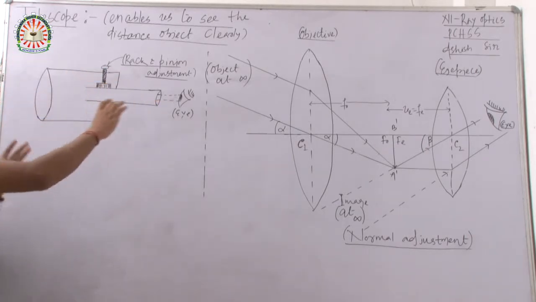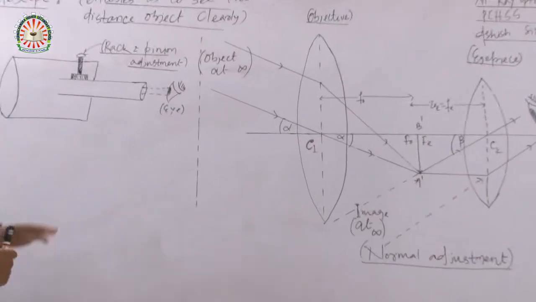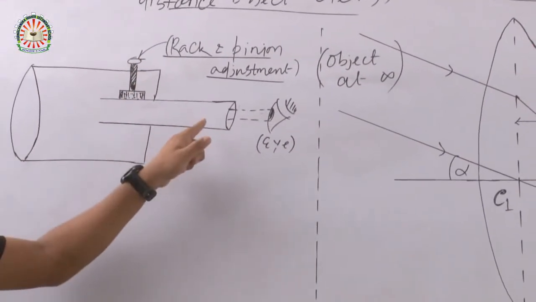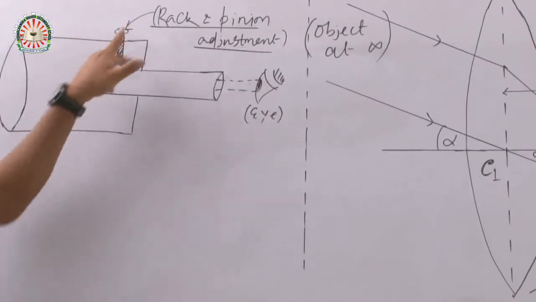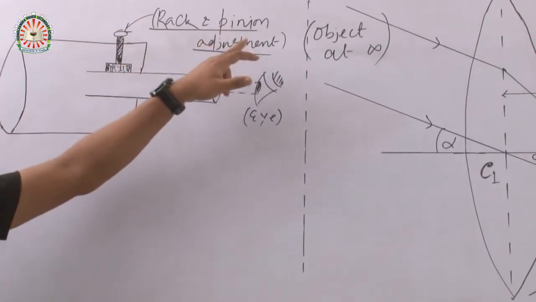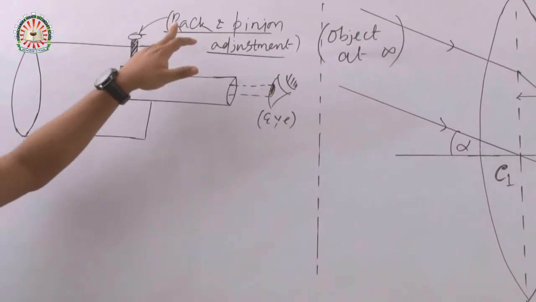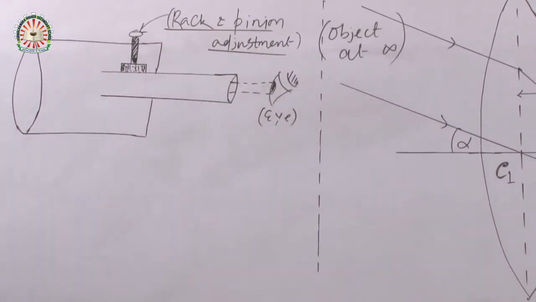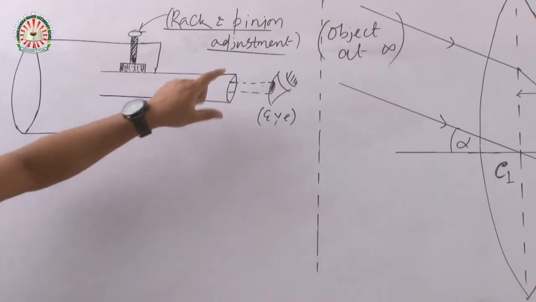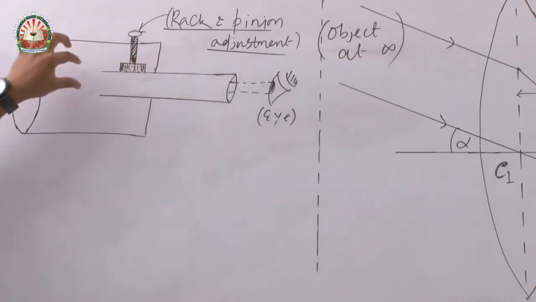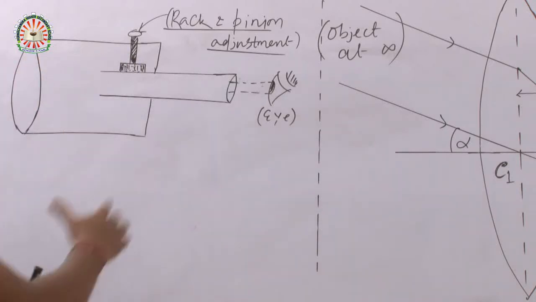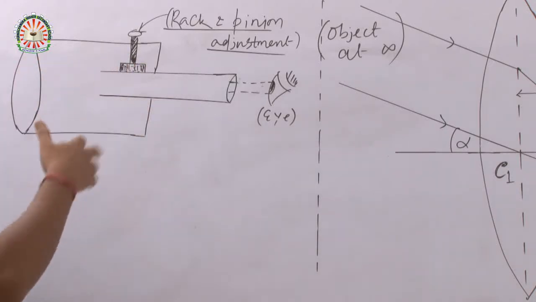These two are fixed into tubes, and there is an adjustment so that the small tube can move inside the large tube. It is called rack and pinion adjustment. By using this rack and pinion adjustment, you can move the small metal tube inside the large tube so that you can fix the focal length between them.